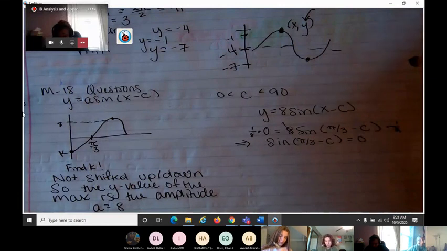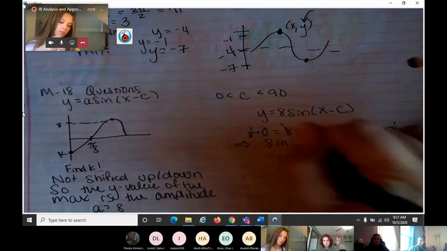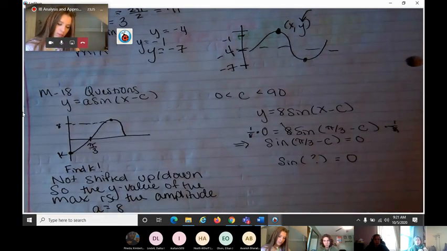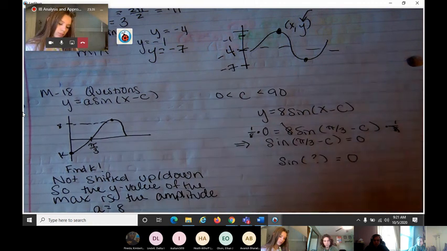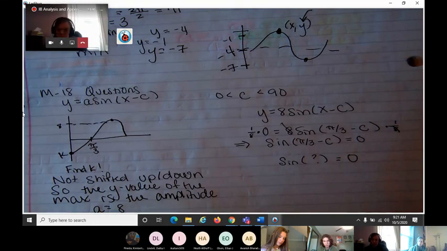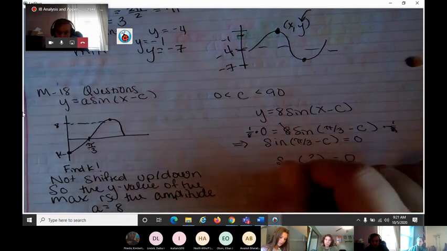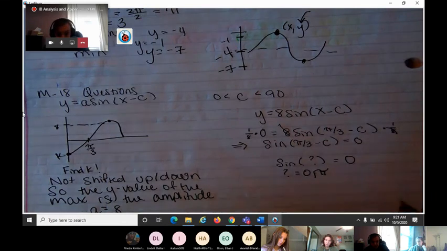So then I want to ask my question: the sine of what will give me 0? Alston, will you give me some angle measurements in radians where the sine of that angle measurement gives me 0? Zero, pi. Yeah, so we could have 0, pi, what else? 0, pi, 2 pi.